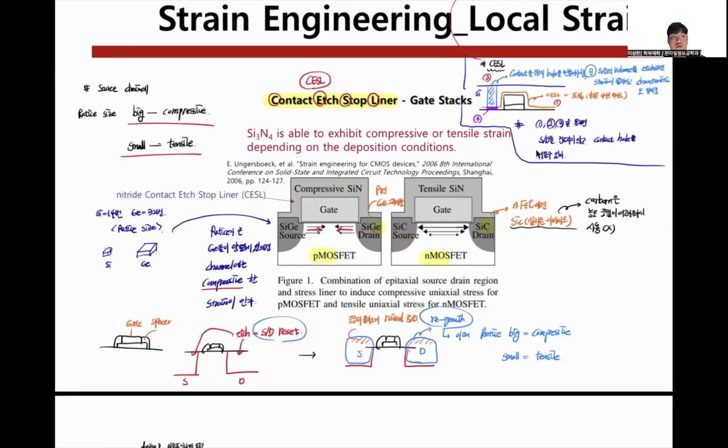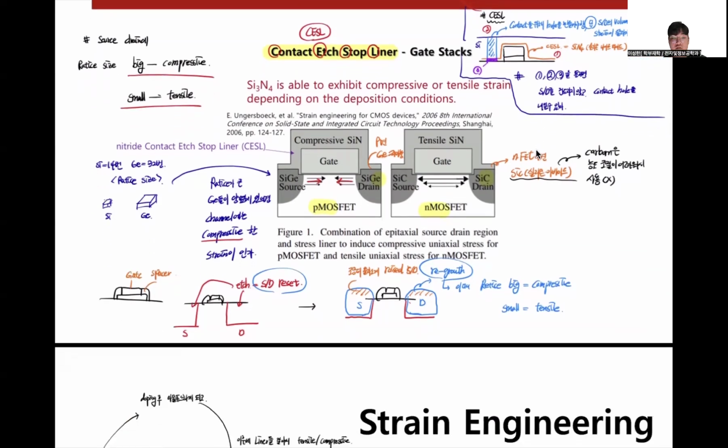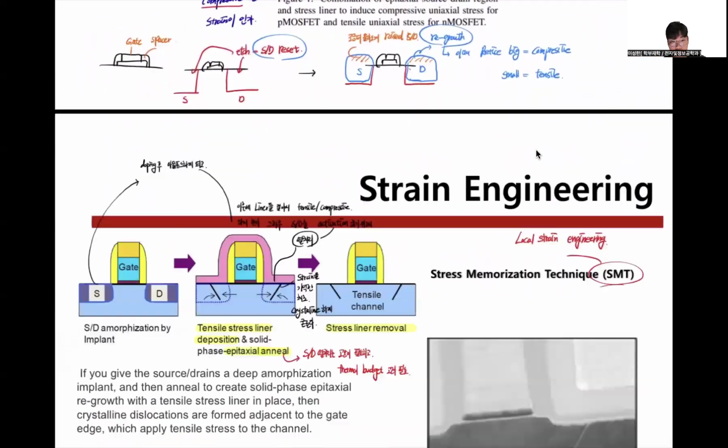If the atomic number is bigger, the material is bigger and heavier, so when we use the bigger material in the source and drain, it gives the channel compressive strain, and with a lighter material than the channel, we get tensile stress in the channel. This is the first technique.